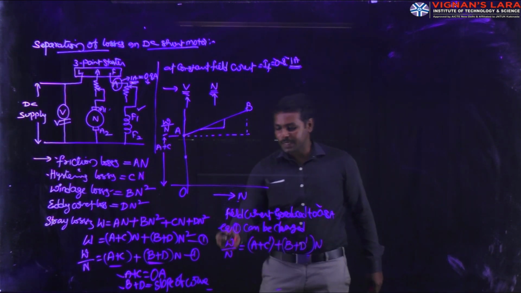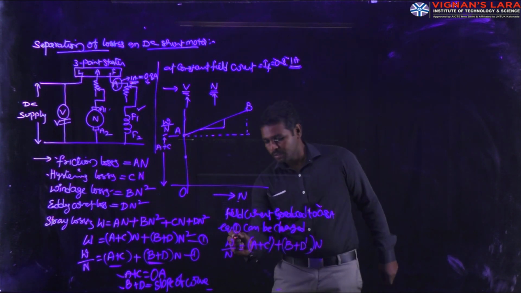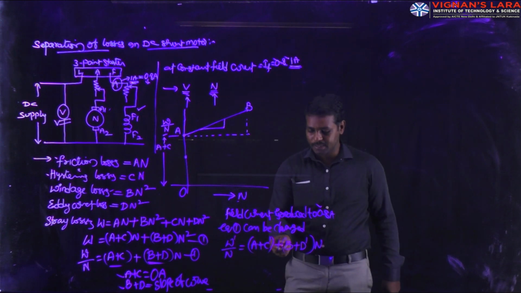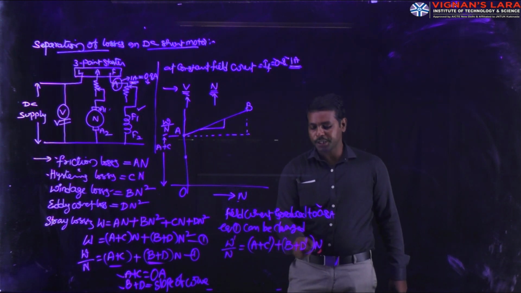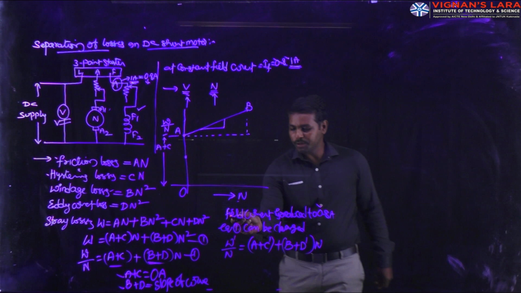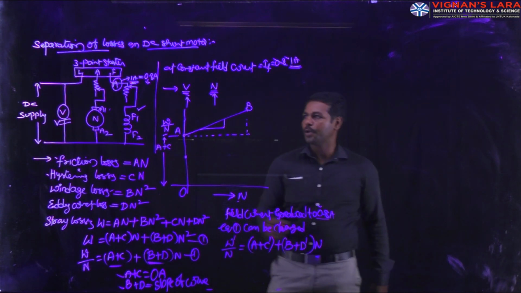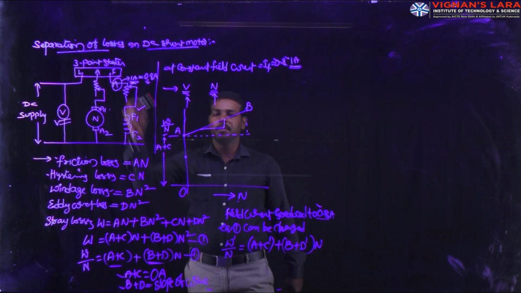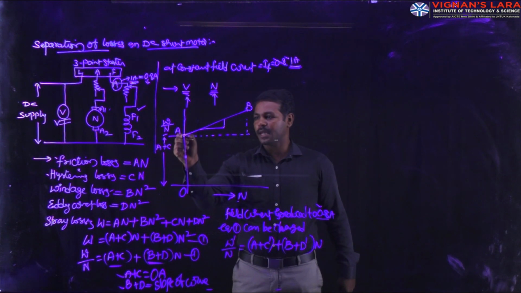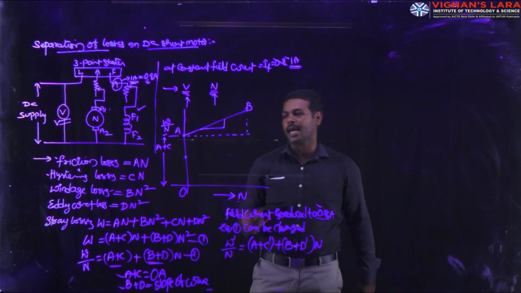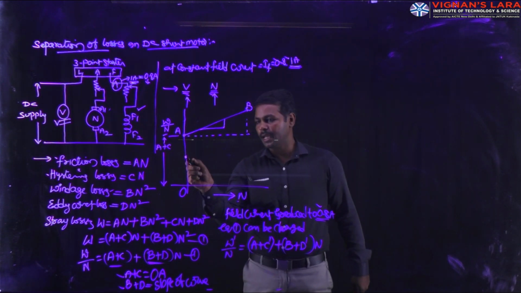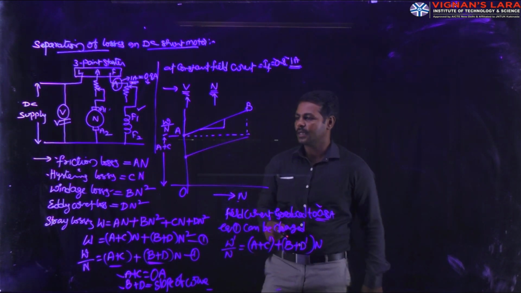So this equation is changed to another one: W dash divided by N is equal to A plus C dash plus B plus D dash into N. Again we reduce the field current from 1 ampere to 0.8 amperes, and again change the field rheostat from maximum to minimum position. Previously the field current was 1 ampere when we got the first characteristics. For the second, the field current is reduced to 0.8, and again we get these characteristics.